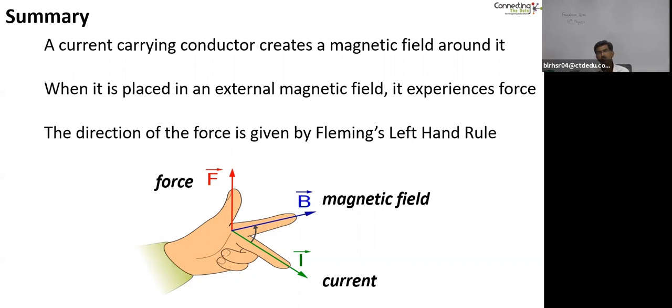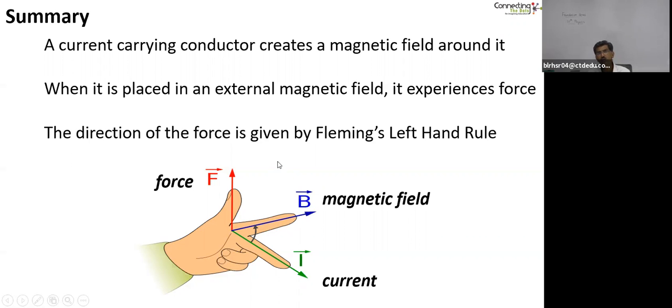So the force experienced by our current carrying conductor, the electromagnet, because it is a force, has both magnitude and direction. The magnitude of the force can be calculated by the formula BIL sine theta, where B is the strength of the magnetic field in which the conductor is placed, I is the current flowing through the conductor, L is the length of the conductor, and theta is the angle between the direction of the magnetic field and the conductor.